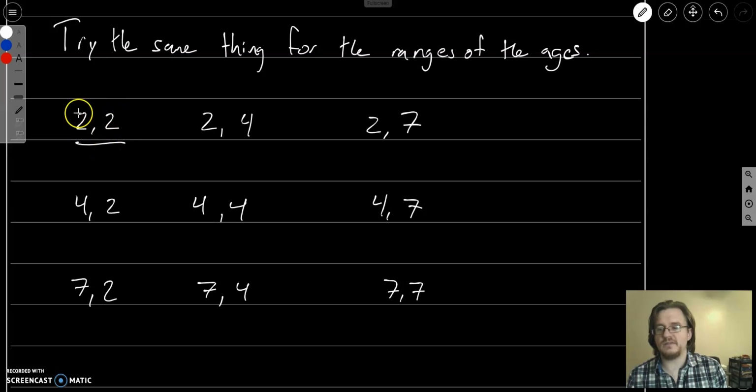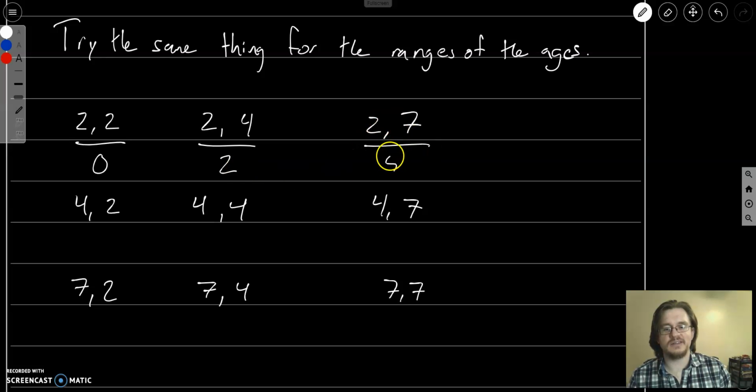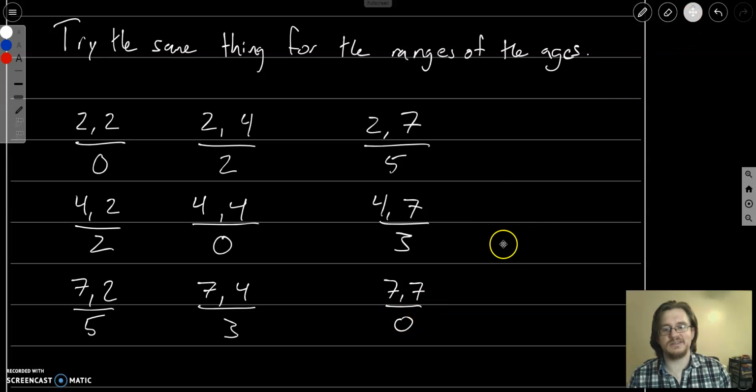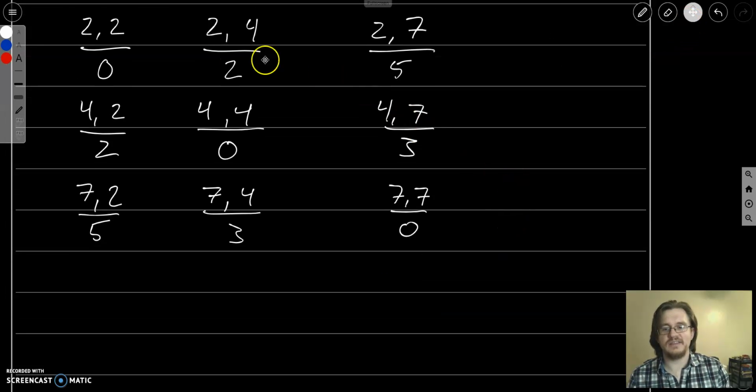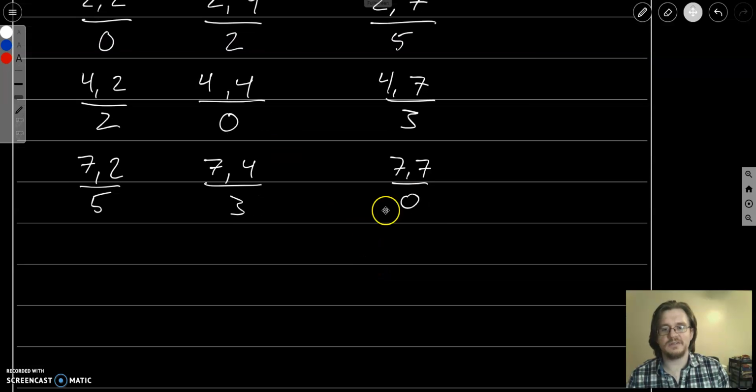The range of values is the difference between the highest and lowest value. That's a pretty small range, it's just a difference of 0 between them. Whereas here, the difference is going to be 2, and here the difference is going to be 5. The difference here is going to be 2. The difference between the highest and lowest value here is 0. Here it's 3. Here it's 5. Here it's 3. And here it's 0.